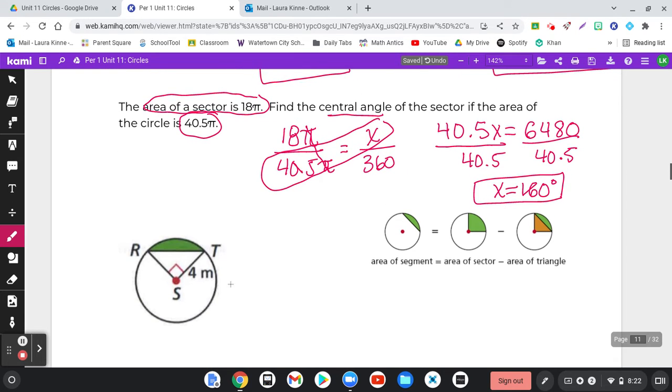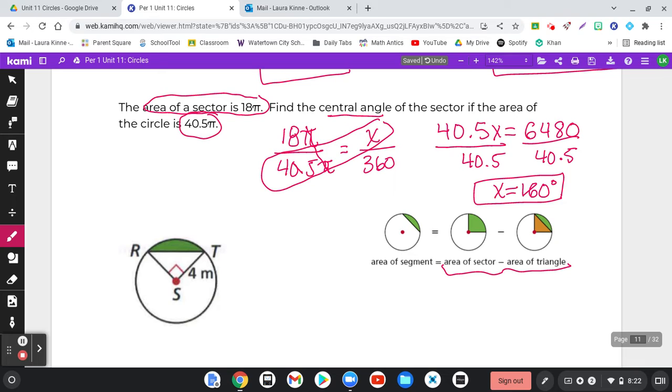Okay, the last piece of this: if you're looking for the area of this little segment here, you're going to do two different things. We're going to figure out the area of the sector, which we just did, and then the area of this triangle, and then just subtract them. So let's start with the sector.